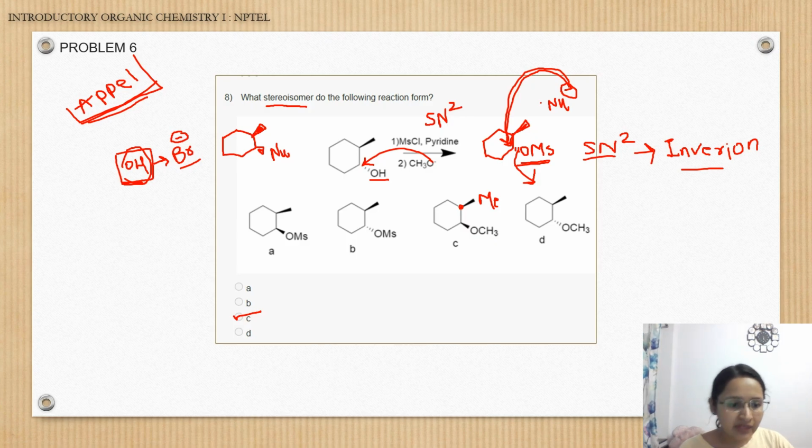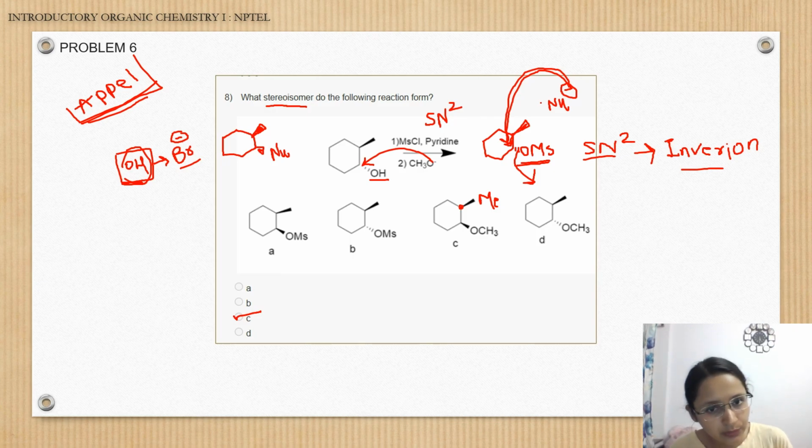If you apply a very strong base, is it possible to what? Okay. See, if you apply a strong base, let's say you are applying sodium hydride. Sodium hydride is a very strong base.